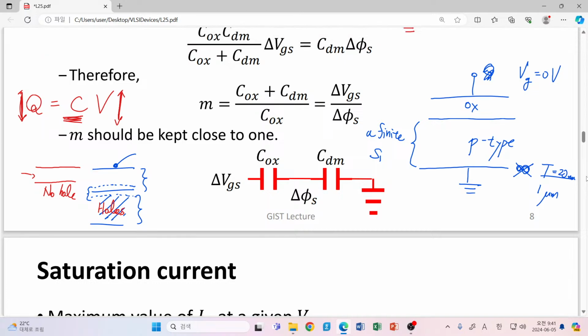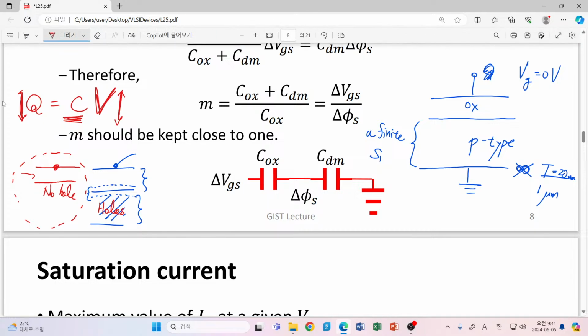However, in this left side figure, which is already completely depleted, although you change the potential voltage at this surface, you don't have any change in your charge. So although you have a change in V, this is 0, which means you don't have any kind of meaningful capacitance C.